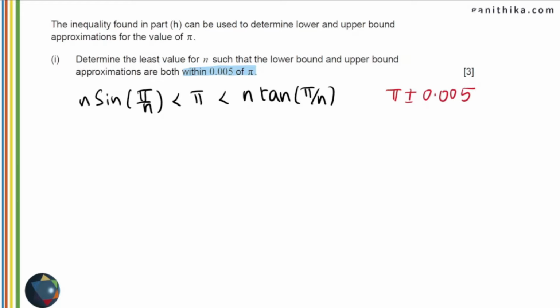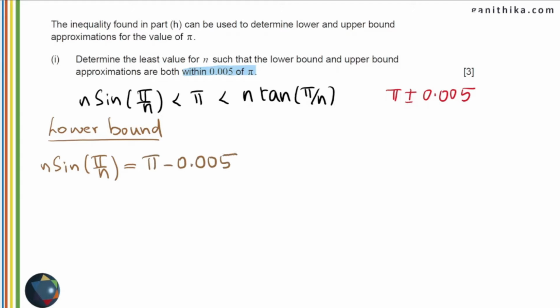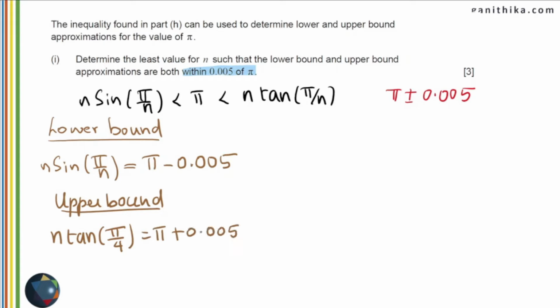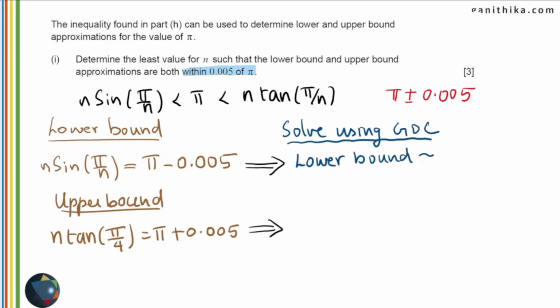In this case you need to find the lower bound, which is the left limit equal to pi minus 0.005, whereas the upper limit equal to pi plus 0.005 gives you the upper bound. Therefore, solving this using GDC, we get that the n value is approximately 32.1 for the lower bound, and approximately 45.5 for the upper bound.